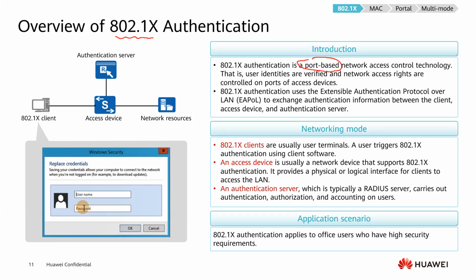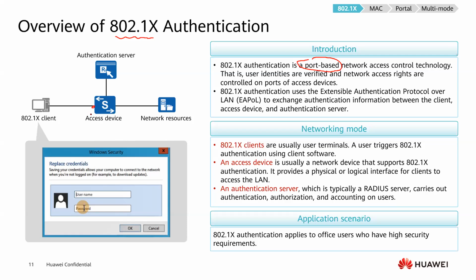This authentication technology is a port-based network access control technology. That means we can configure this authentication on the admission device's interface. So when the admission device receives the client's identification information, it will go through the process of the 802.1x authentication.